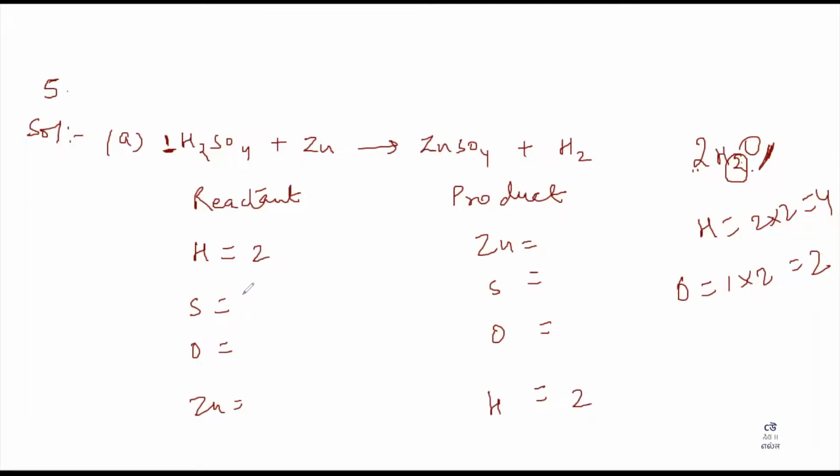Sulfur, no big numbers in front and in the bottom, therefore 1, same on the product side. Oxygen is 4 on both sides and zinc obviously 1 on both sides. So since the quantity of each and every atom is the same, we will say that this reaction is already balanced.